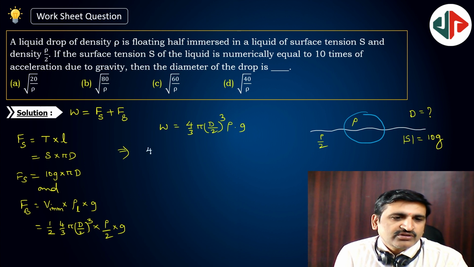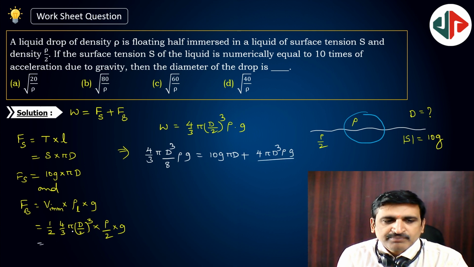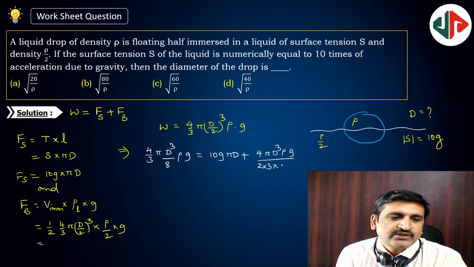Weight 4/3 pi d cube by 8 rho g is equal to 10g into pi d plus this is 4 pi d cube rho g by 2 into 3 into 8 into 2, with further simplification.